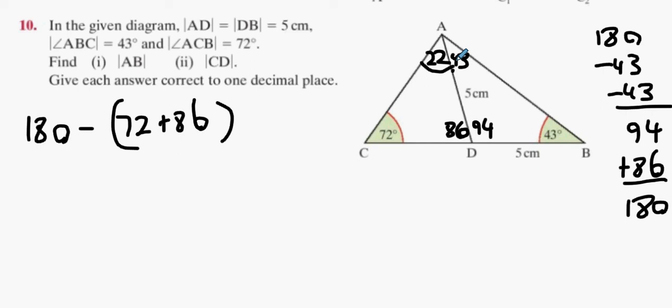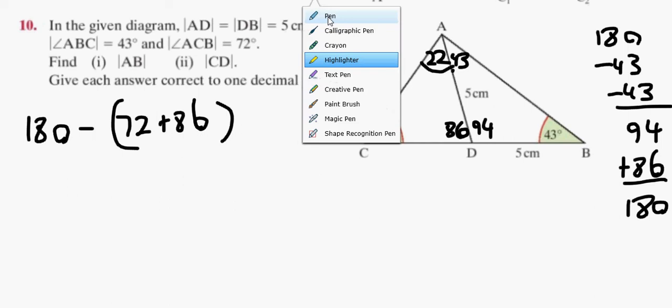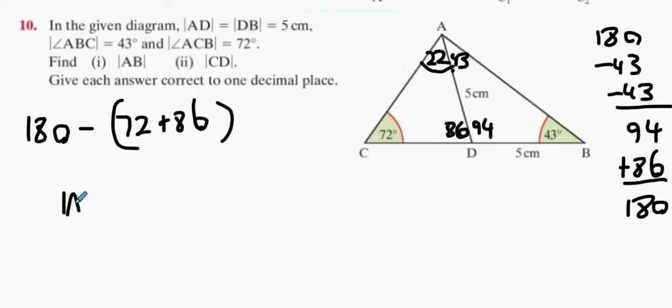It wants me to find AB. Now, if I'm asked to find AB, I'm going to use the triangle on the right. AB is this length here. So what I'm going to say is AB looks at the 94. Okay, so AB and the 94 are linked together. So AB over sine 94 equals 5 over sine 43.